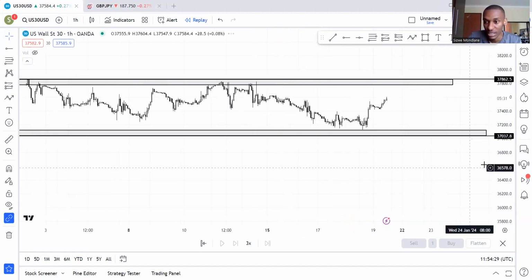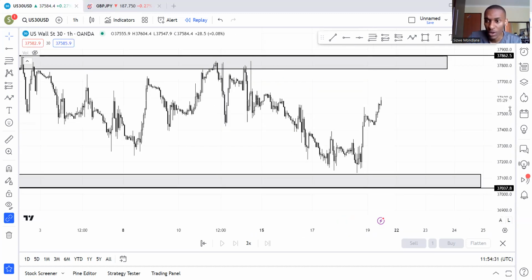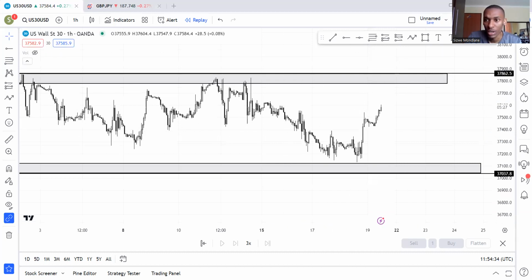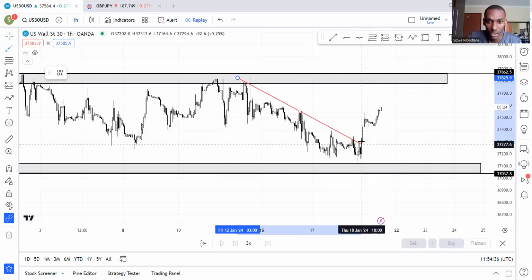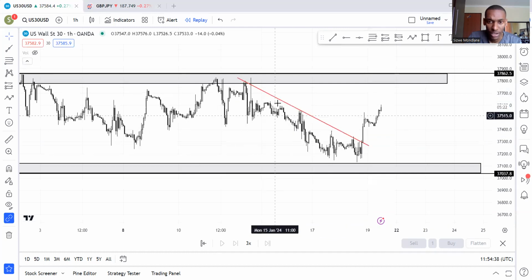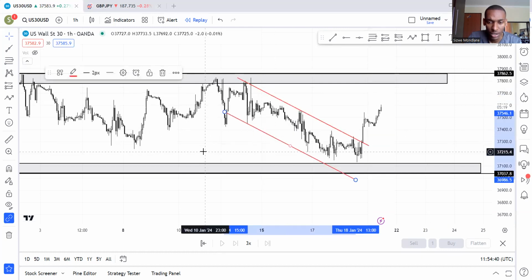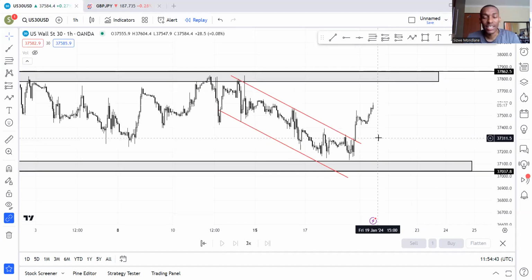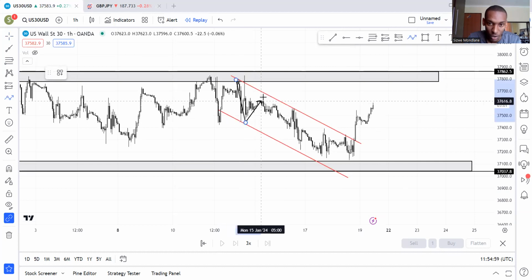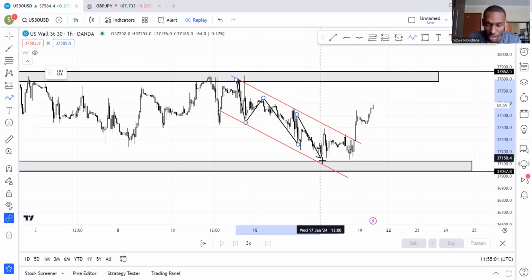That's when we identify these trends. From the 1-hour time frame, you can identify this downtrend here. Previously, price was in a downtrend. Know that price doesn't move in a straight line. It impulses and corrects if it's moving in an uptrend. Also in a downtrend, it impulses and corrects, but moving downwards. Just like here, you can see that price gave an impulse, correction, impulse, correction, impulse.